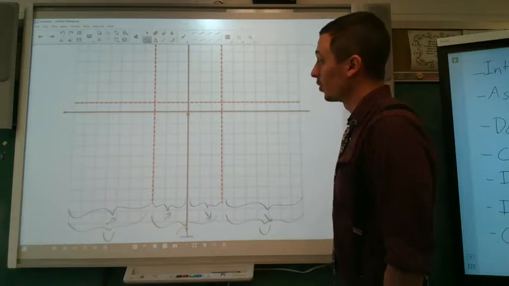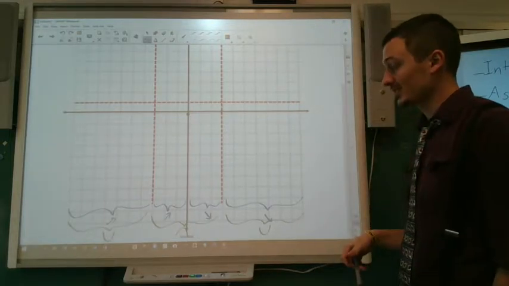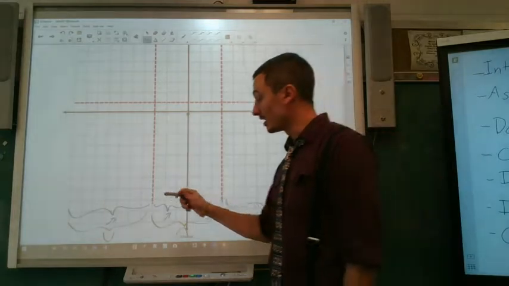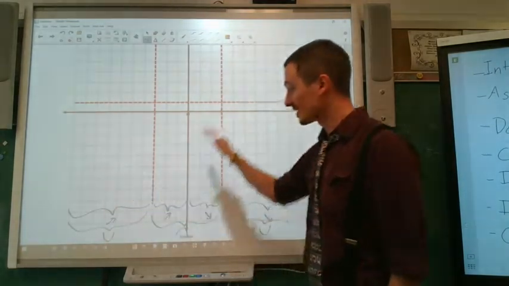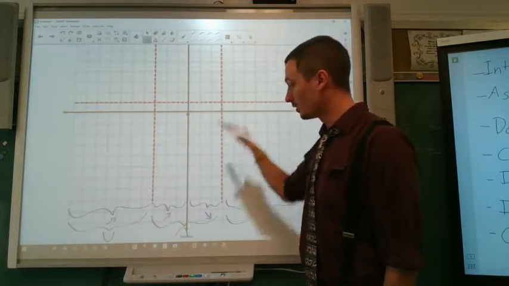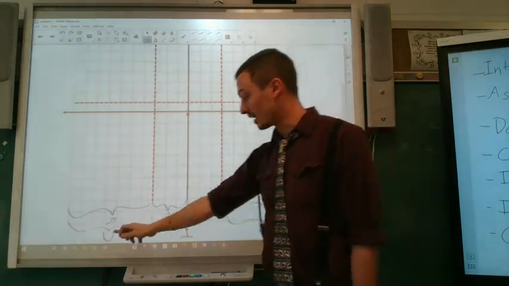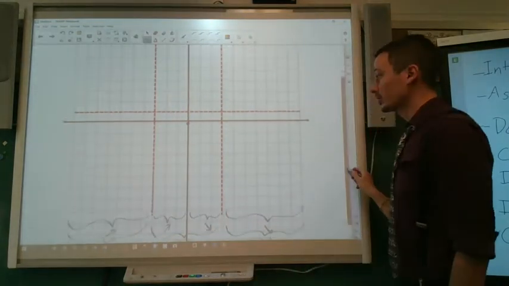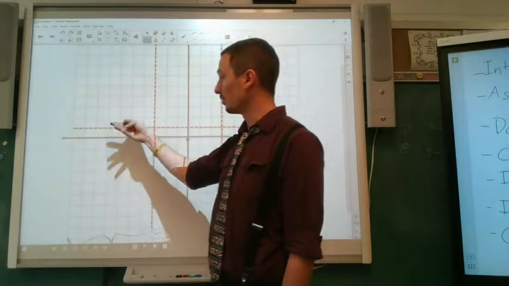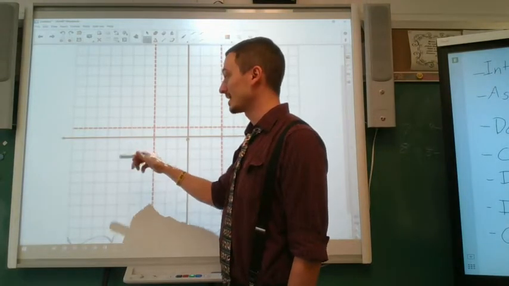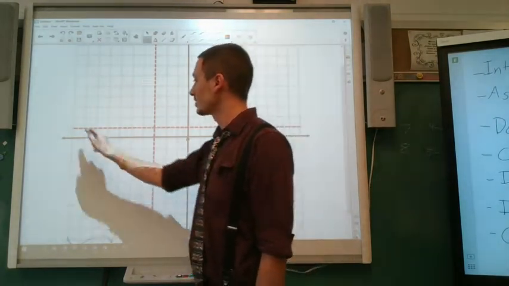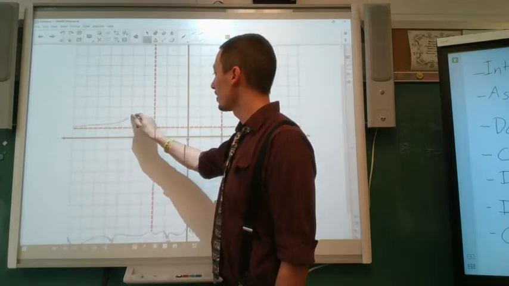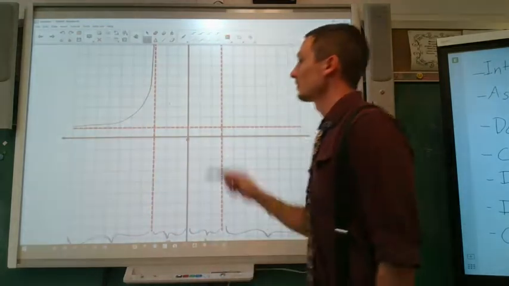So we don't really have any coordinates here, so it's going to be a lot of just sketching. But increasing and concave up is the second half of the U. So if I were to try and sketch this, I couldn't sketch it below the horizontal asymptote. It would have to be above the horizontal asymptote and then follow the vertical.